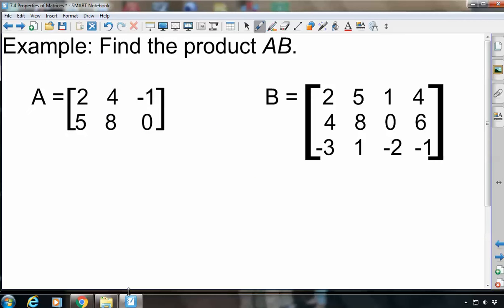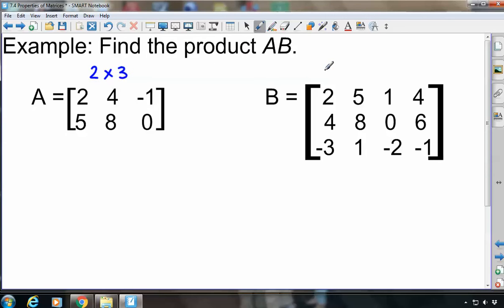Okay, let's actually look at one then. First of all, we need to check if we can multiply these. What's the size of the first one?